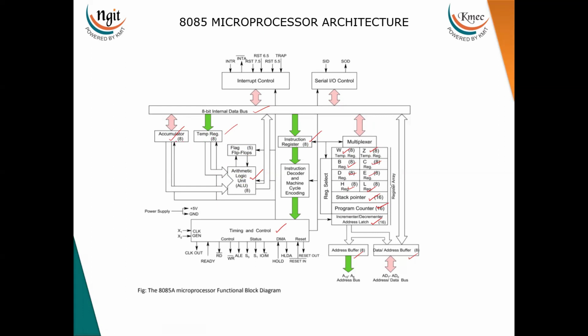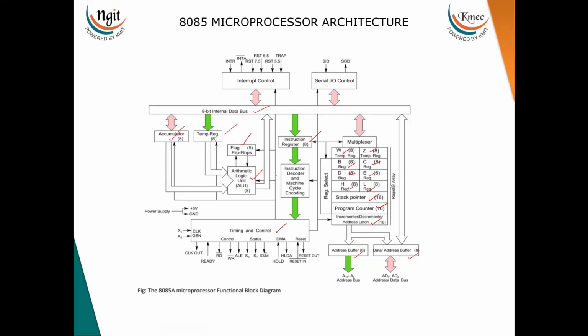Now this is about the ALU and accumulator, and after completing the process, again the result will be stored into the accumulator, and the flag register will give the status of the ALU or accumulator.